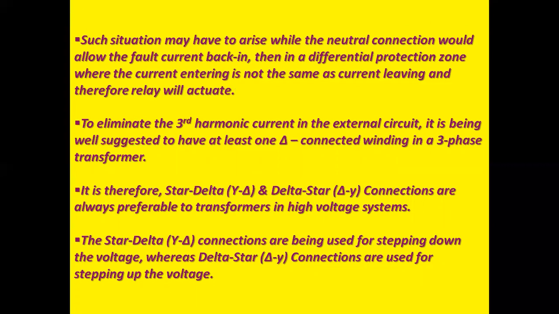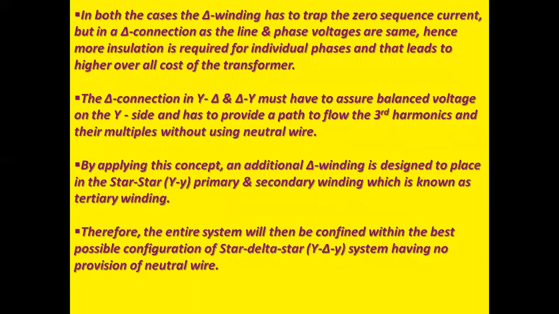The star-delta connections are used for stepping down voltage, whereas delta-star connections are used for stepping up the voltage. In both cases, the delta winding has to trap the zero sequence current.